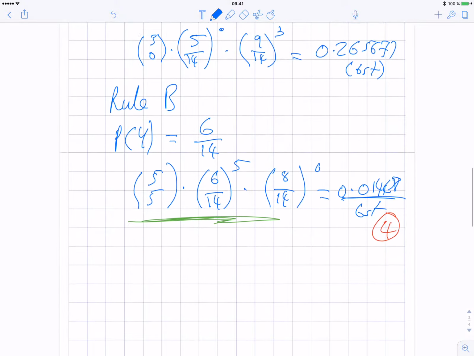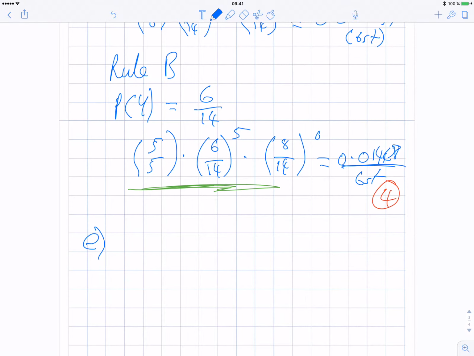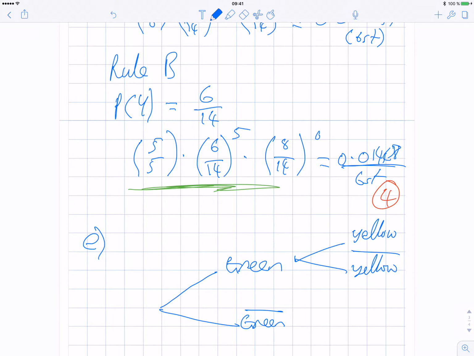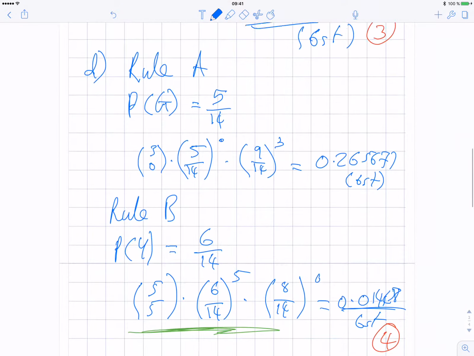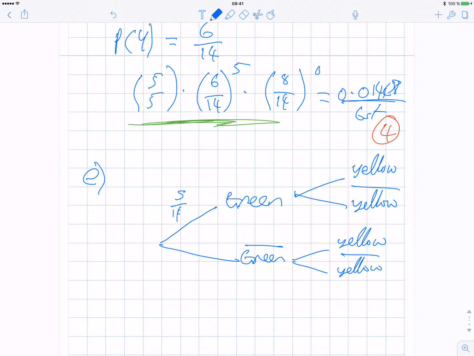So I'm going to draw something like a tree diagram like this. Green, not a green, yellow, not a yellow, yellow, not a yellow. Now, the probability of getting a green is 5 over 14, so not a green is 9 over 14.